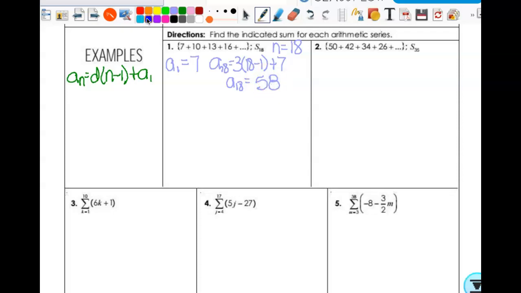All right. So now I want to find the actual sum of the first 18 terms. That is equal to n, which is 18, times the first term, which is 7, plus the last term, which is 58, all over 2. So you go ahead and type that in and find the sum of the first 18 terms.